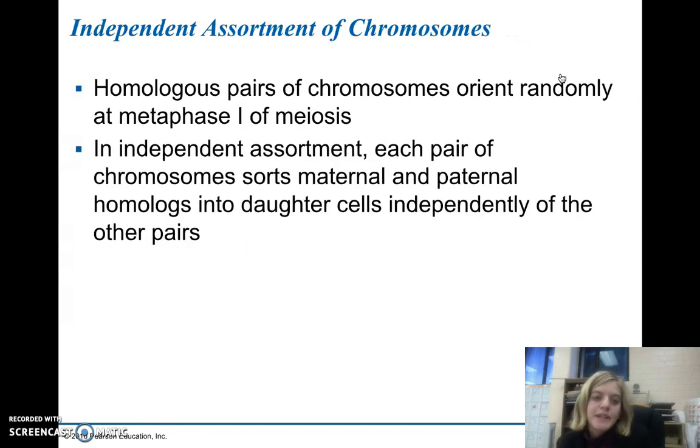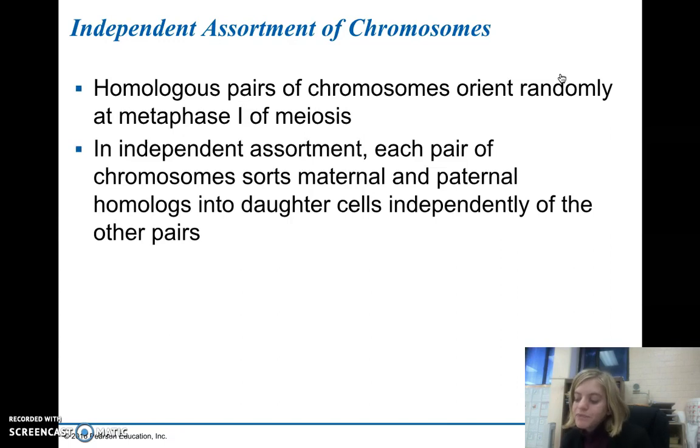So with regards to the independent assortment of chromosomes, we know that homologous pairs of chromosomes orient themselves randomly at metaphase 1 of meiosis. And in independent assortment, each of these pairs of chromosomes sorts their maternal and paternal homologs into the daughter cells independently of the other pairs.